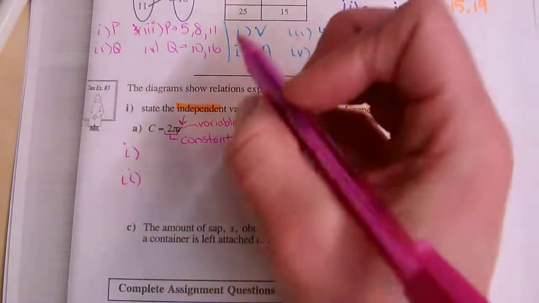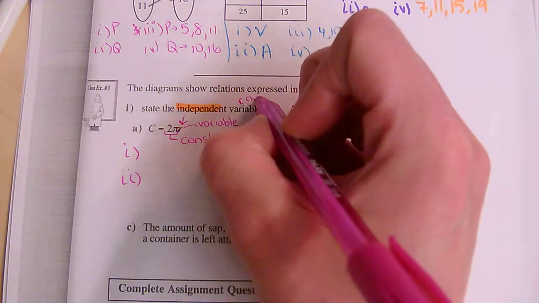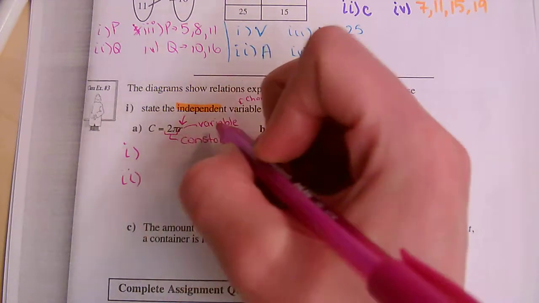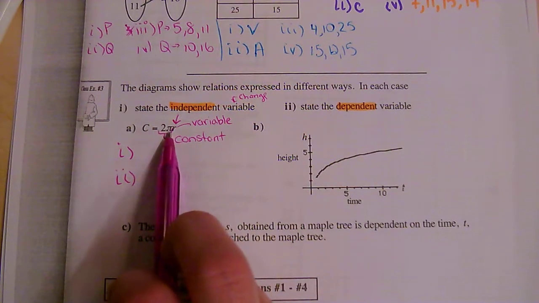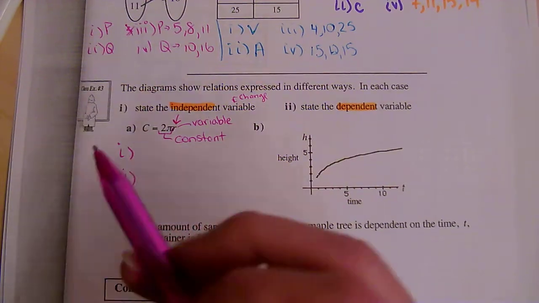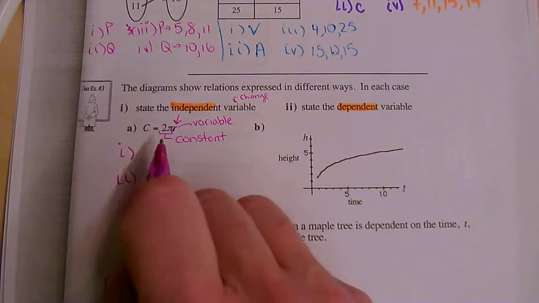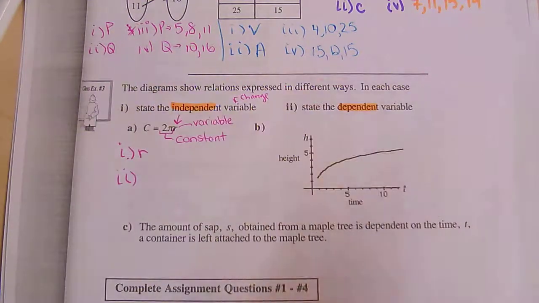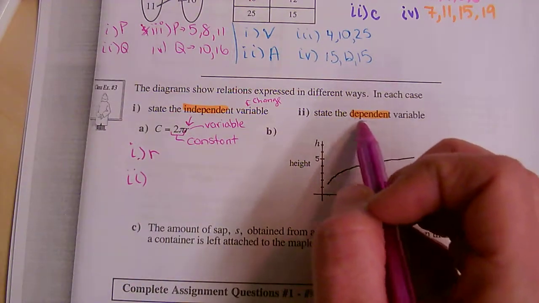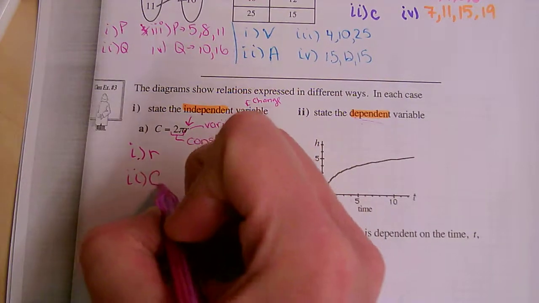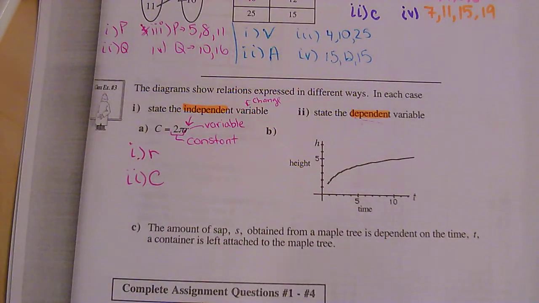Variable itself, remember, means it can change. r could equal 1 or 2 or 3 or 4. Well, 2 is always equal to 2, and pi is always equal to 3.1415926, and so on. So r is my independent variable. And then my dependent is the one on the left, so that's going to be C.